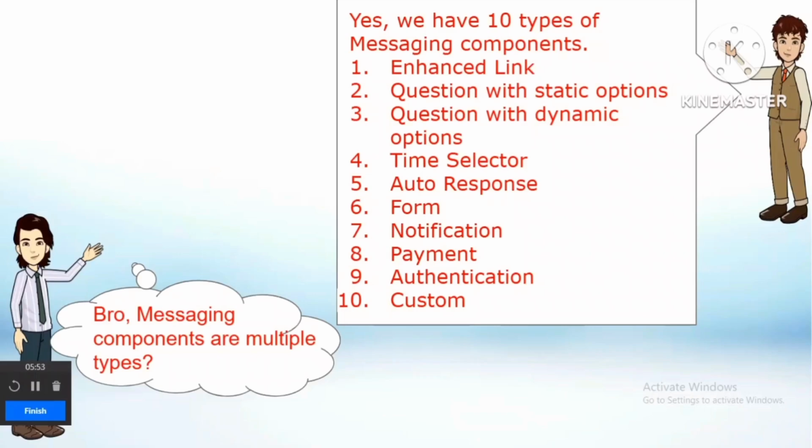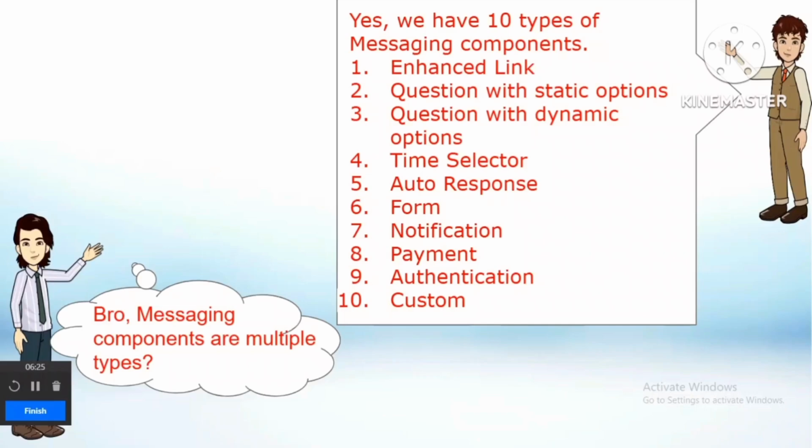Or as part of an acknowledgement we can fire it: please wait, very soon our agent will connect with you. So such types of auto response we can use. Sixth is form. We can create a form, and send it by our bot or by an agent to the customer to fill in.